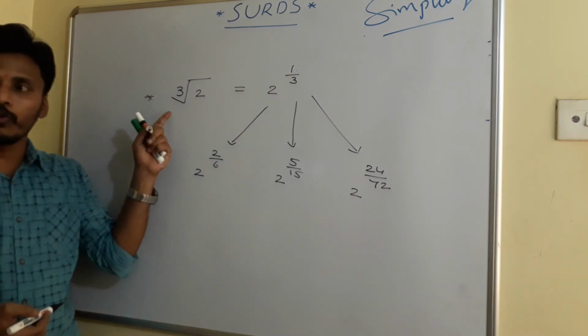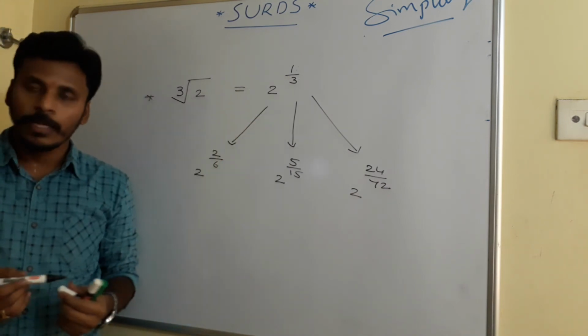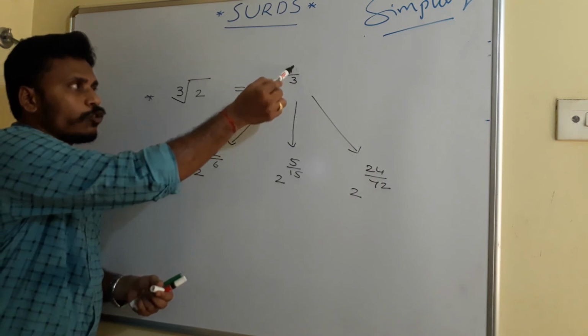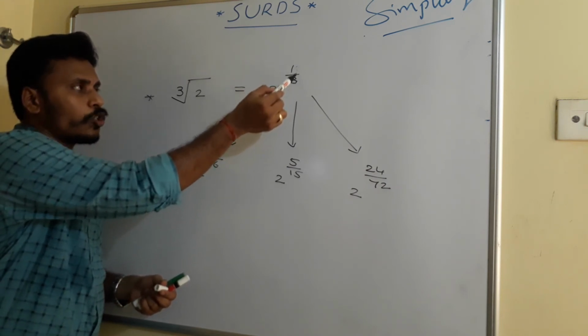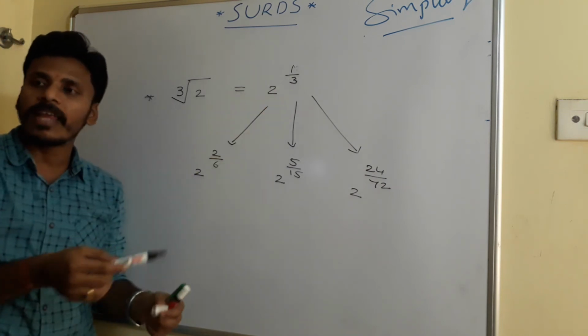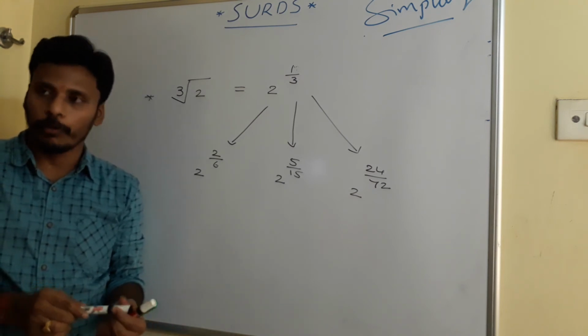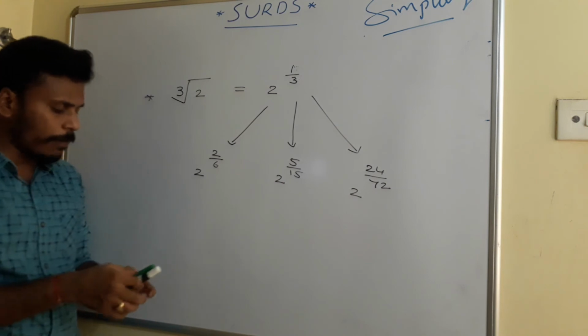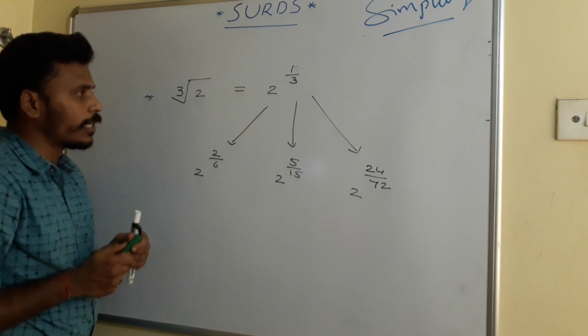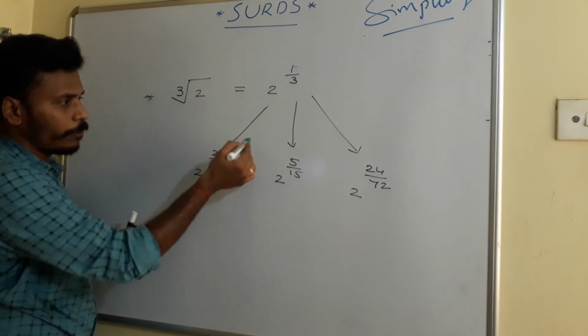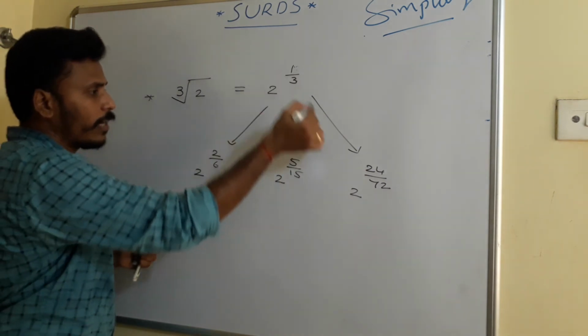See, this cube root of 2 can be written as 2 power 1 by 3. And since it is 1 by 3, you just multiply both the numerator and denominator with any number as you wish, depending upon the way you want to proceed. Right? Just I gave examples related to that. Here I am just multiplying with 2, and then 5, and then 24.